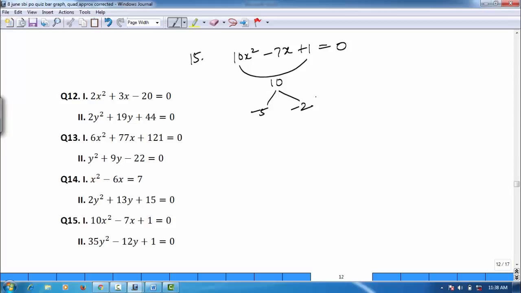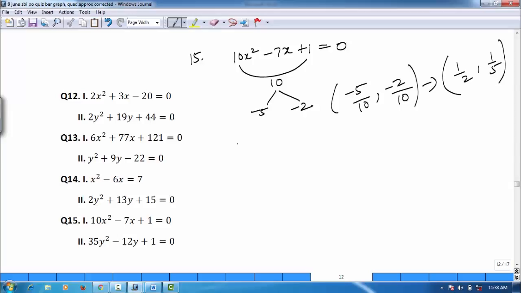So on dividing minus 5 and minus 2 by the coefficient of x square, that is 10, we get minus 5 by 10 and minus 2 by 10. And on changing the signs, we get the value of required roots, that will be 1 by 2 comma 1 by 5.